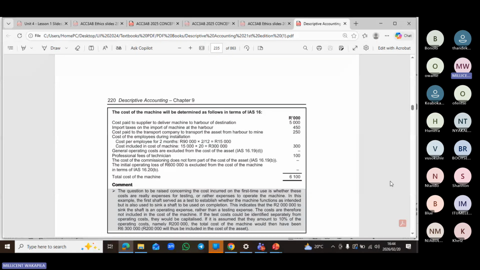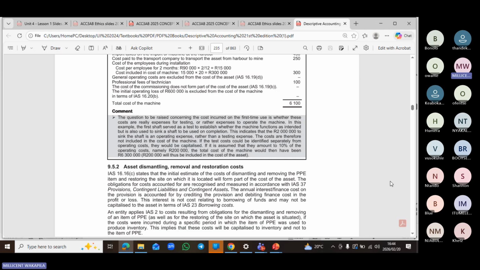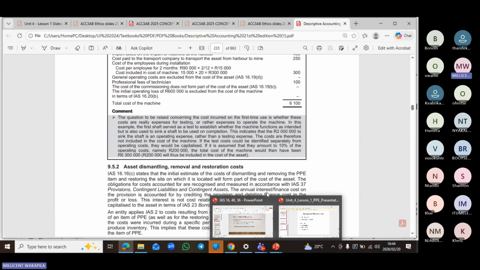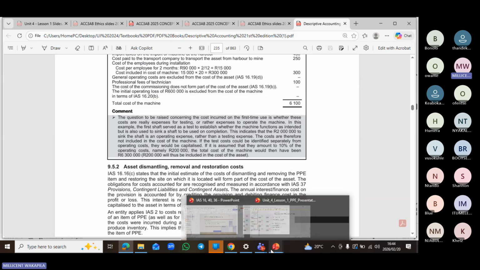And then general operating costs, we discussed that, it is excluded. And then the professional fee of the technician is included, and then the cost of commissioning is not included, as we said. Then the initial operating loss is also not included, and then we get the cost. And also, right, so let's go back to our slide.